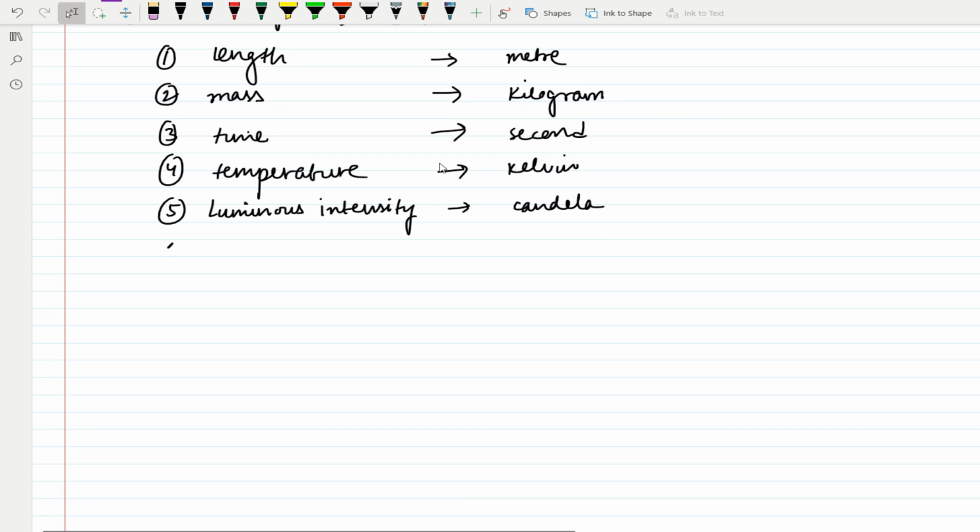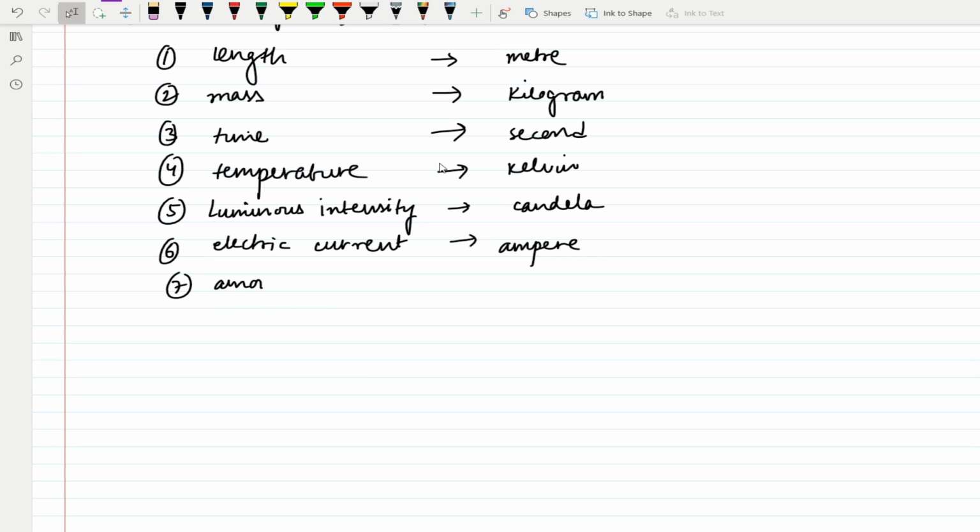Then you have the electric current, unit is ampere. Then you have amount of substance, its unit is mole.